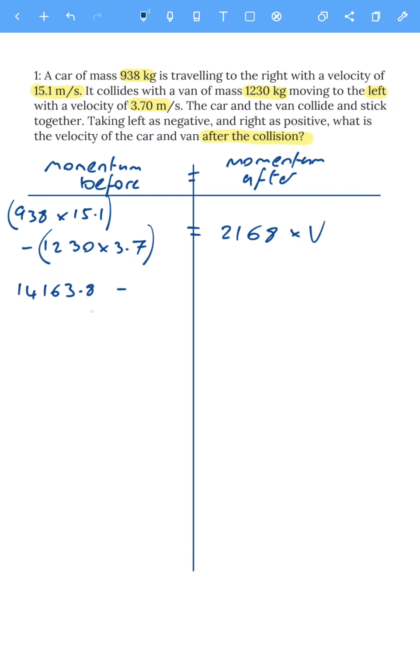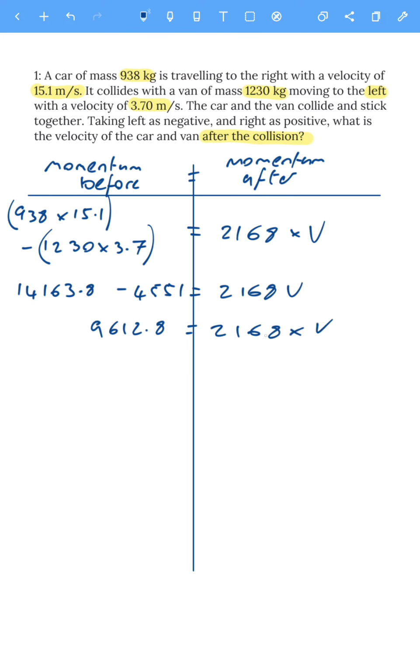So that's 4,551 equals 2,168 lots of v. So we need to do the 14,163.8 minus 4,551. That gives us 9,612.8 equals 2,168 times the unknown velocity v.